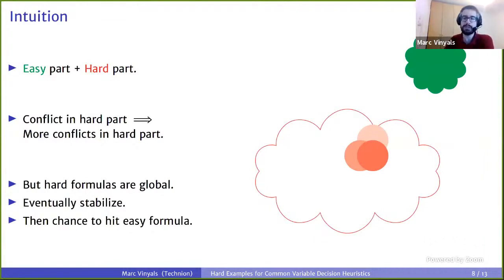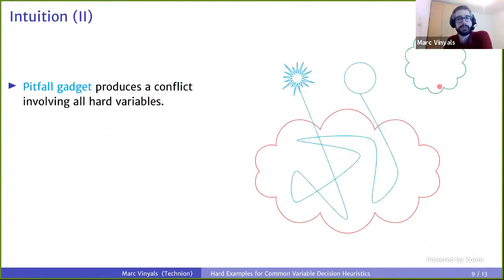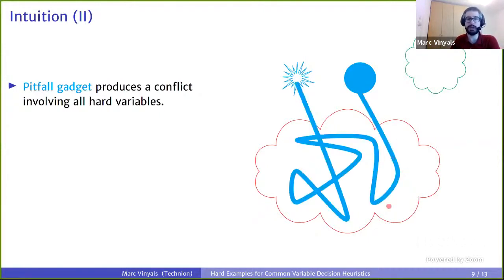Okay, then let's try to make life harder for the solver. And we're going to add some more clauses. So a specifically crafted gadget, just a set of clauses with the following property: when the solver starts assigning variables from the gadget, then suddenly it will start unit propagating and start talking about all the variables in the hard part of the formula.